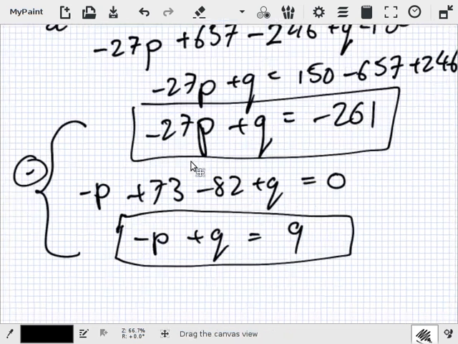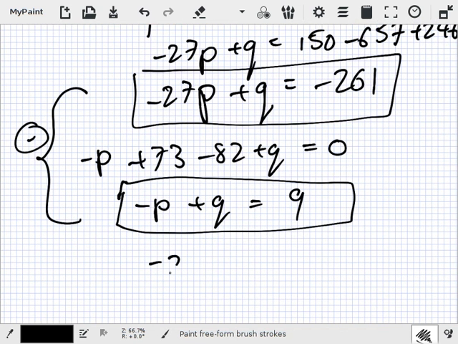So I'll get minus 26p equals minus 270. Can I divide 270 by 26? I don't think I can. It's 135 over 13.